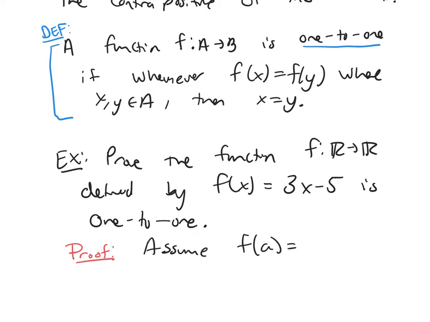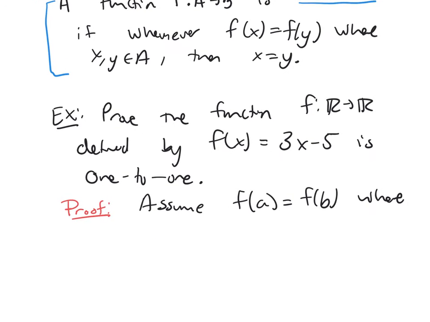Assume f of a equals f of b, where here my domain is the real numbers, so where a and b are in R. Well, that means that 3a minus 5 equals 3b minus 5.